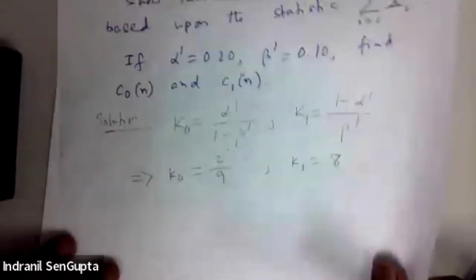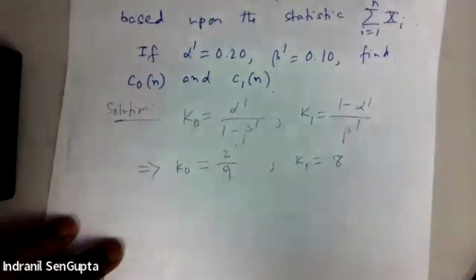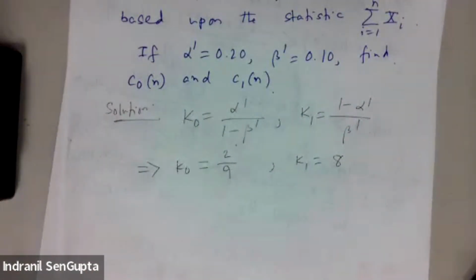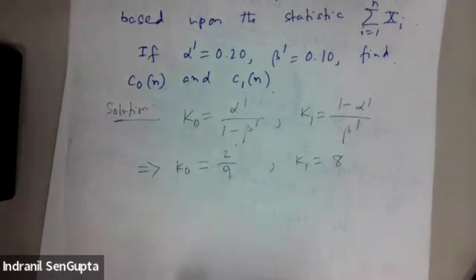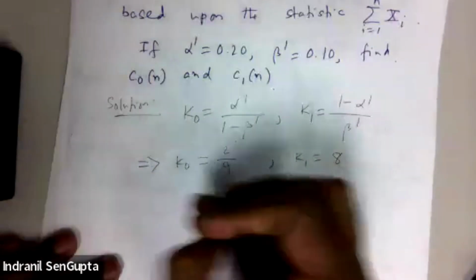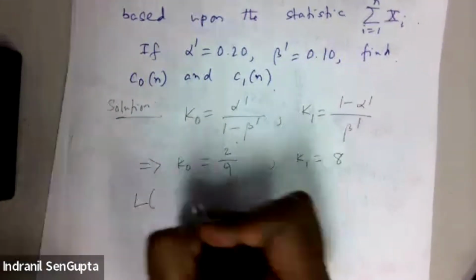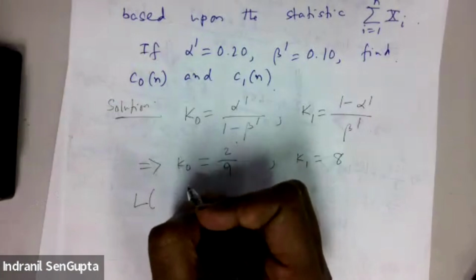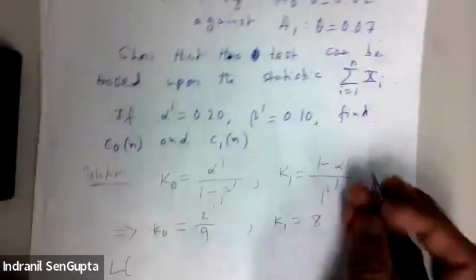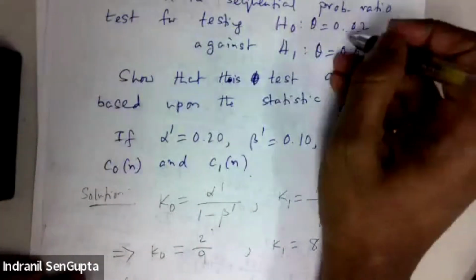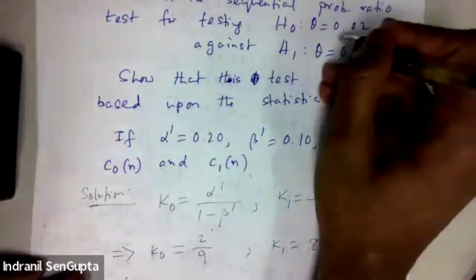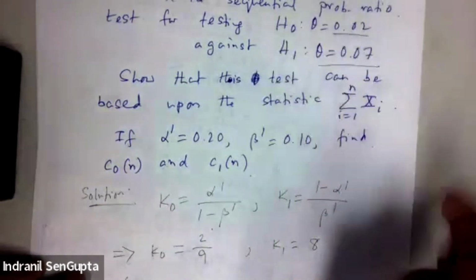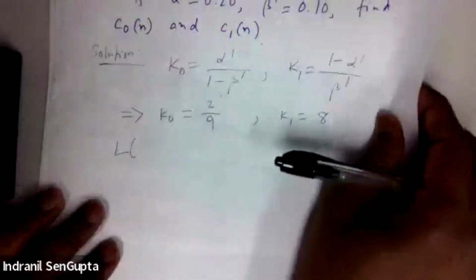Okay. Now let's consider the log, so the likelihood function, as we have done in all these previous examples. So in this case, we are testing for theta equals 0.02 versus theta equals 0.07 for the Poisson process, right?